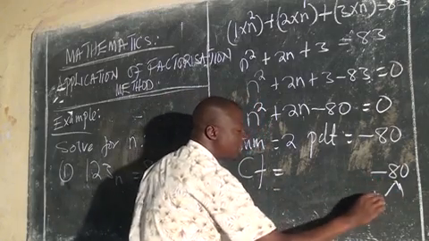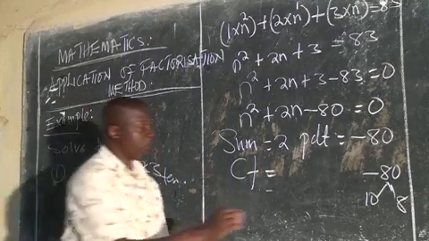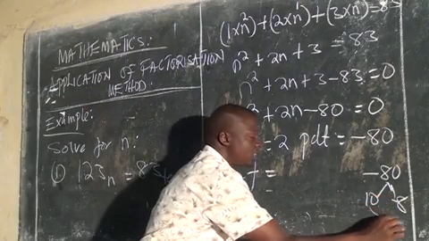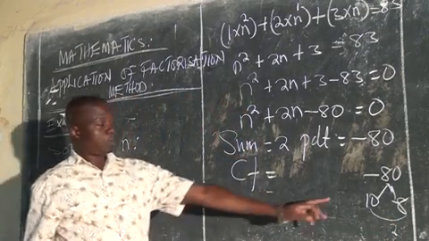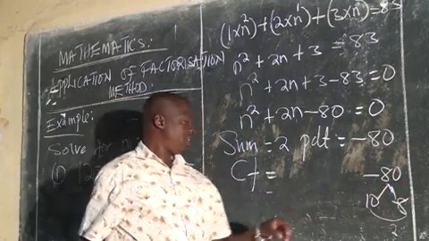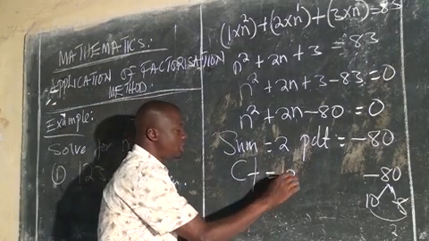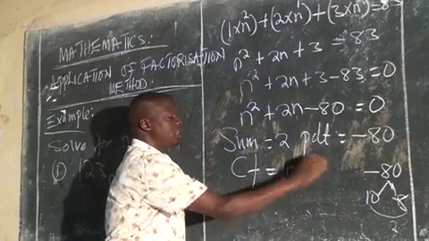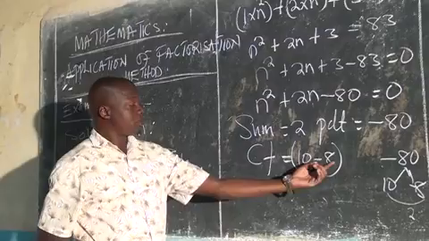I can see 10 and 8, of which 8 is supposed to be negative, such that when you add, it gives 2, and when you multiply, it gives negative 80. So our numbers are 10 and negative 8.